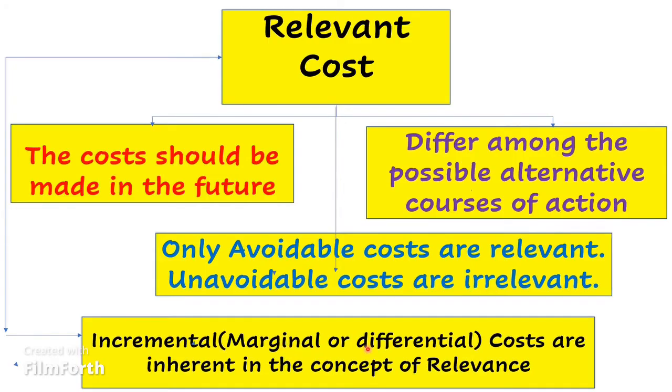Incremental, marginal or differential costs. Now incremental cost is also known as marginal or differential, and they are very much inherent in the concept of relevance or relevant cost. Let's learn about what are avoidable costs, 1 or 2 examples, and incremental or marginal costs.